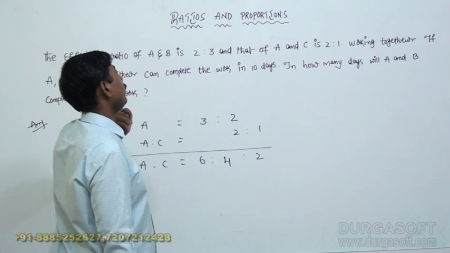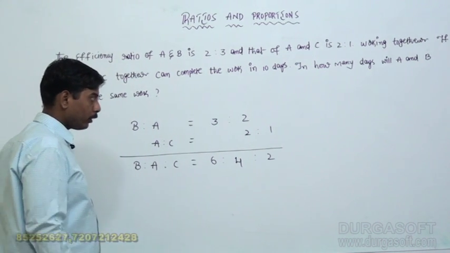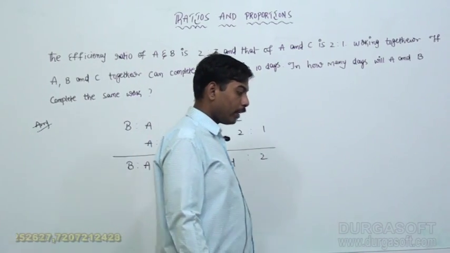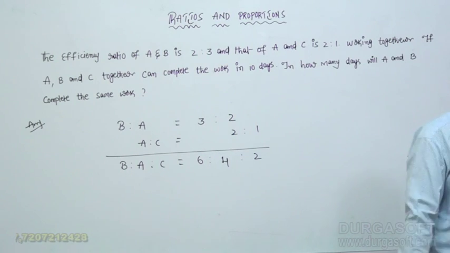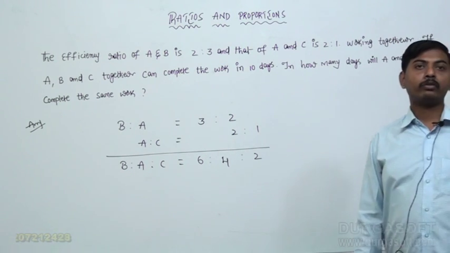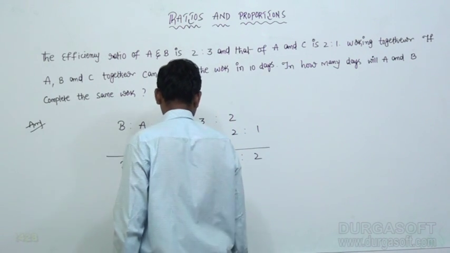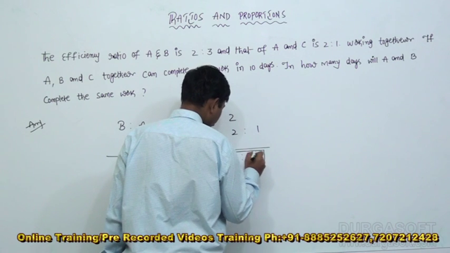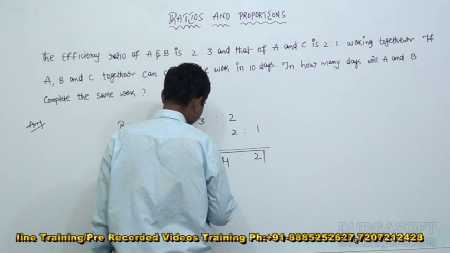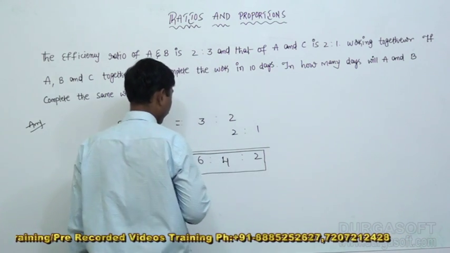Now, working together, A, B and C together can complete the work in how many days? A, B and C all are working together. They need only 10 days to finish the work. That is the only meaning we got from the question statement. Now we do understand here: B is 6 parts of efficiency, A 4 parts and C 2 parts.